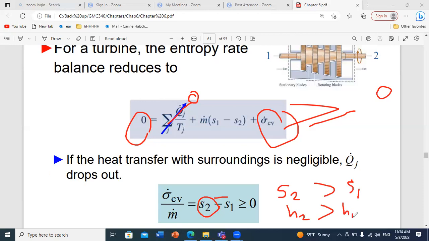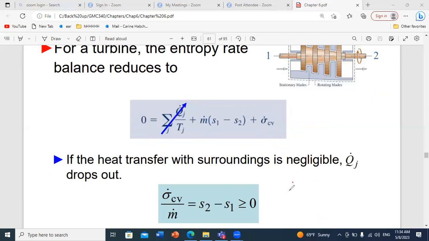And we'll demonstrate that delta h irreversible, we'll see it in the graph, will then be smaller than delta h reversible.